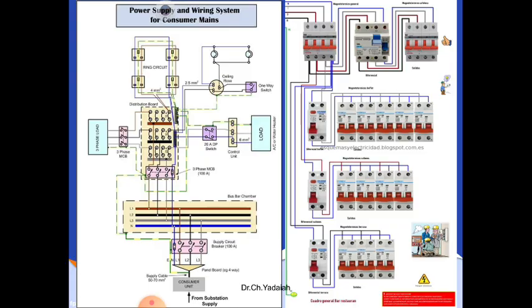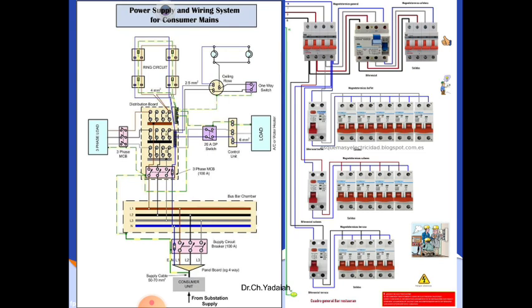Then let us see. Here you can see the 3-phase supply. For a load capacity of more than nearly 1 kilowatt, 2 kilowatts, it is advisable to take the input supply itself from the service main to our premises of the building by using 3-phase supply.